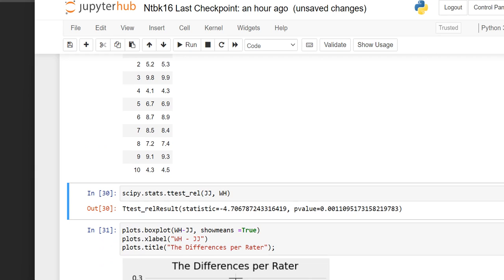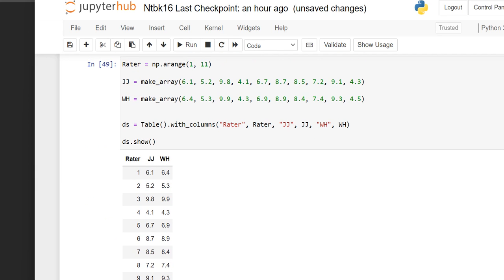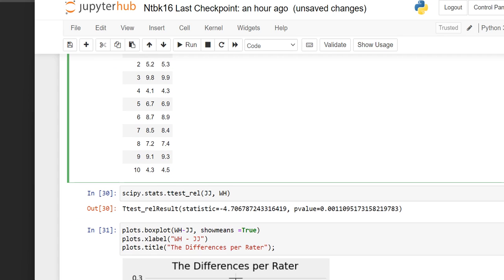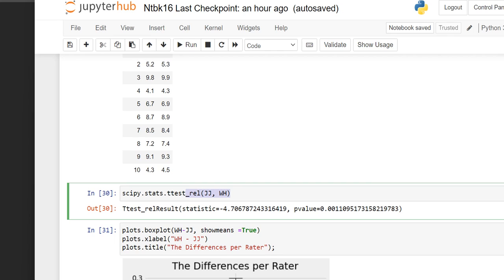All right, and now notice, JJ was an array that had the rating scores, and WH was an array that had the rating scores. So when they do the t-test underscore REL, it's a matched pairs t-test. Why? Well, there are 10 raters, and each of them rated both restaurants.